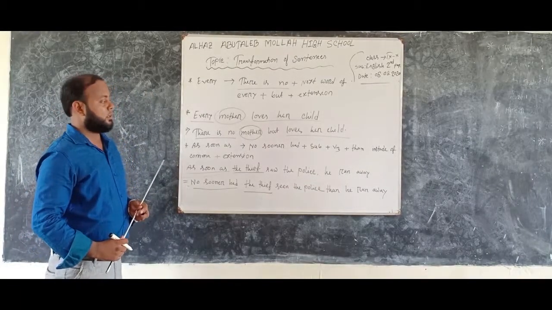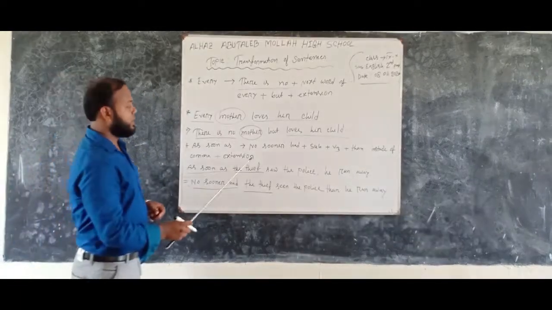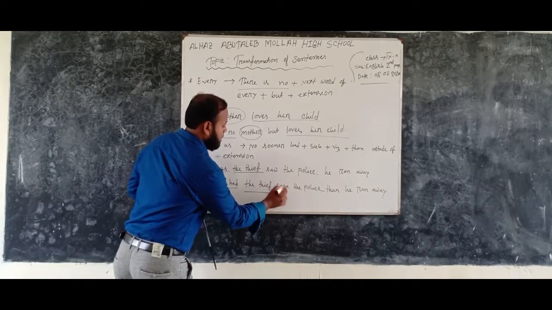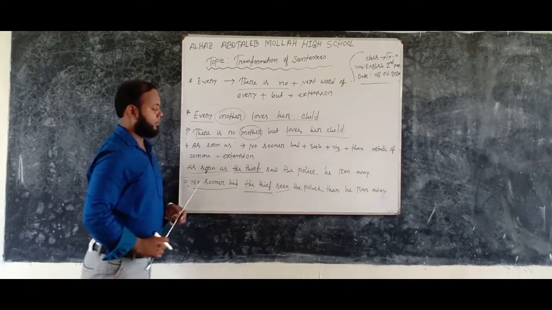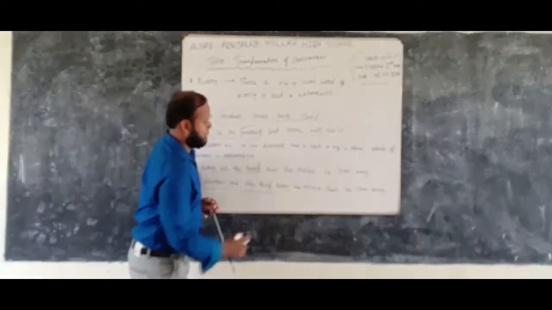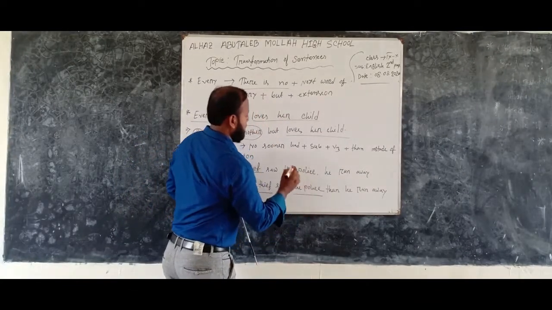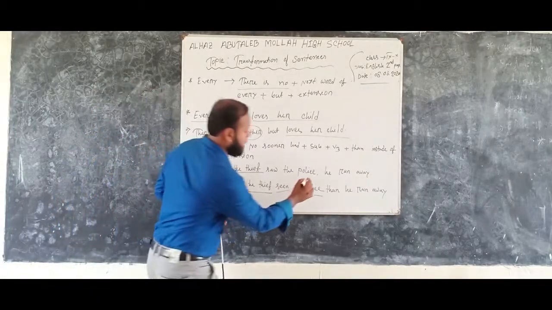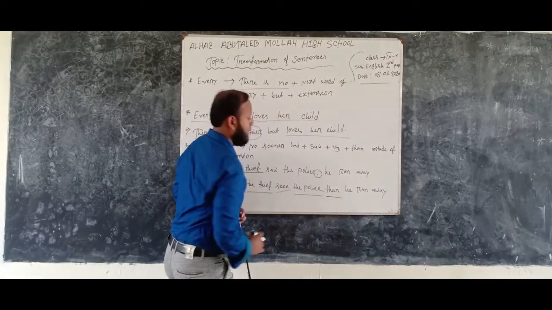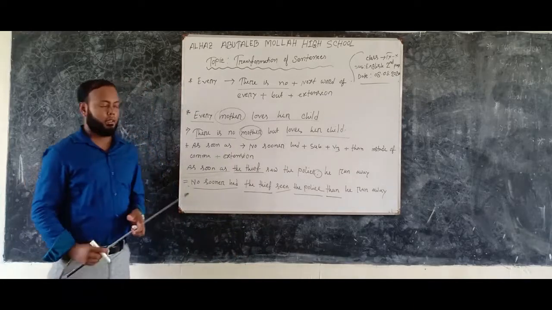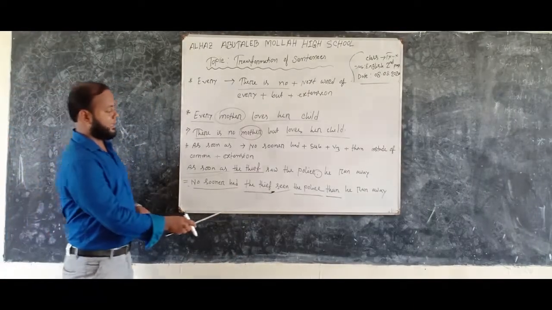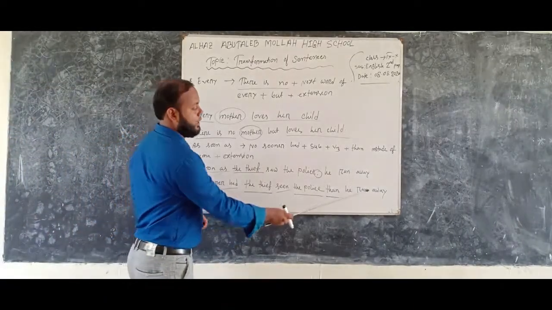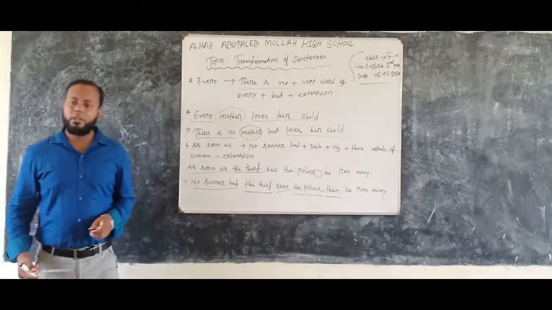That means the past participle form of see, saw, seen. Here the past participle form is seen. Then the police. Instead of the comma, we have to use than, and then the rest of the sentence. So our answer is no sooner had the thief seen the police than he ran away. Do you understand, my learners?